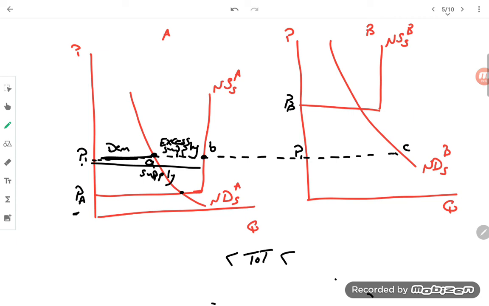This excess supply will be exported to the other country. In country B, we can realize that there is no supply curve, as country B will specialize in the production of textile and produce no soybeans. But they are going to consume B1C. This is the consumption of soybeans, or demand for soybeans, in country B, and they are not going to produce it. So this is equivalent to imports of soybeans in country B.